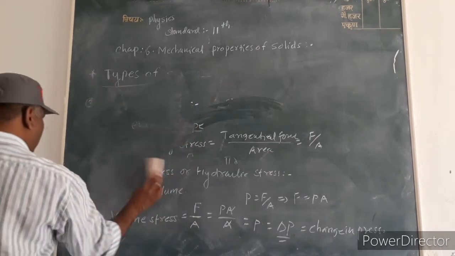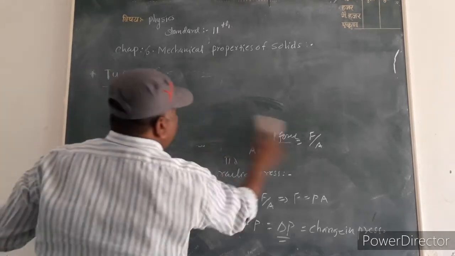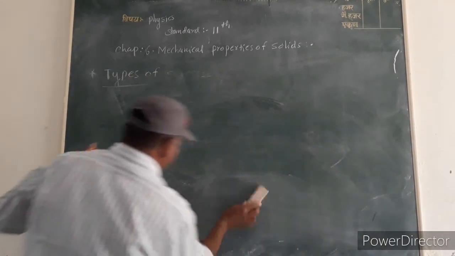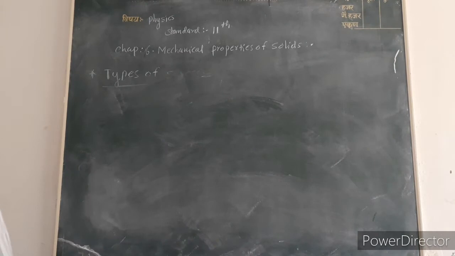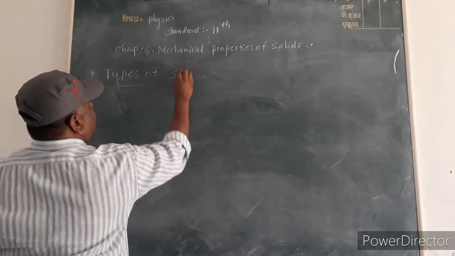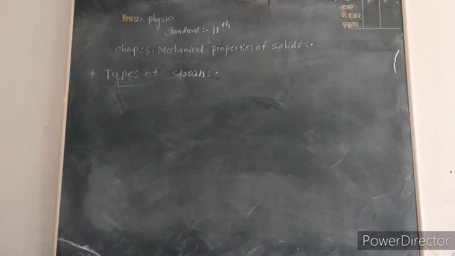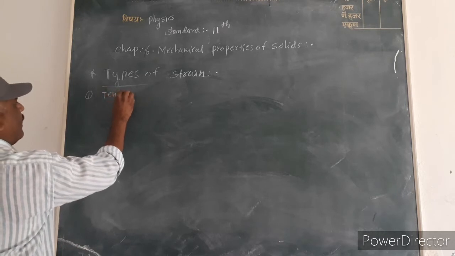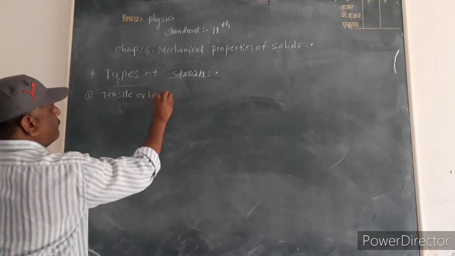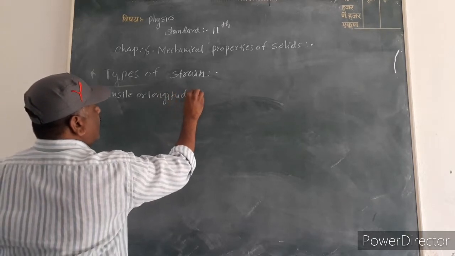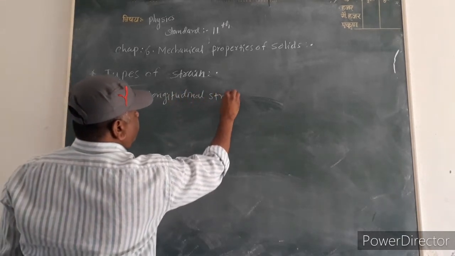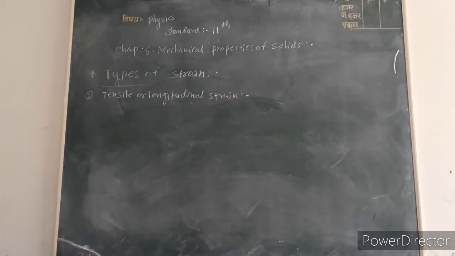Now we discuss the different types of strain. Strain is also of three different types. First type is called tensile or longitudinal strain.